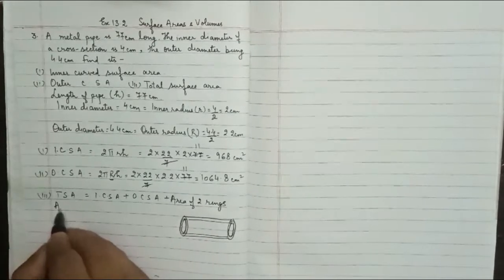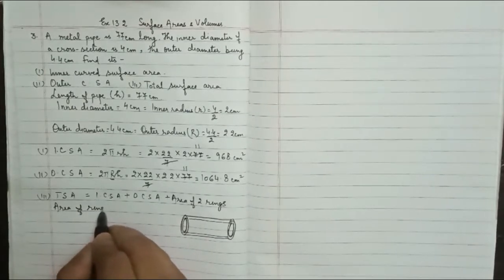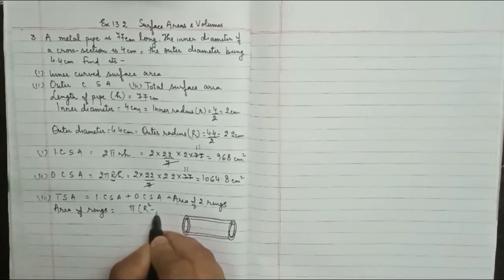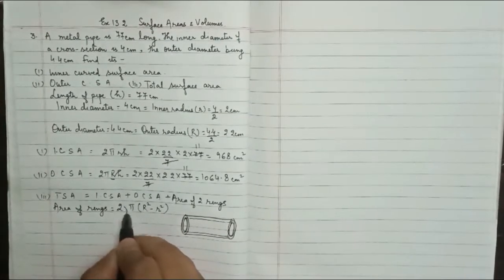First of all, we will find out the area of rings. That is given by pi (R square minus r square). But as there are two rings, we will multiply it by 2.